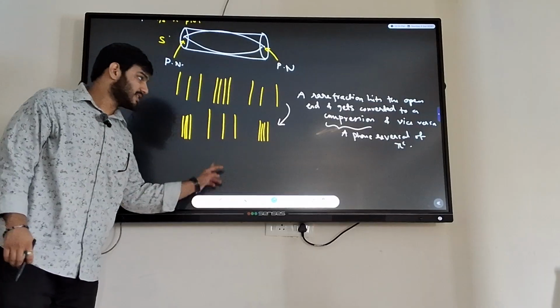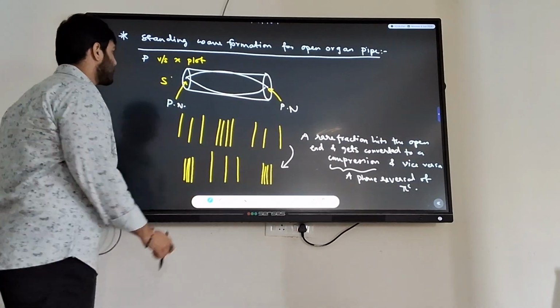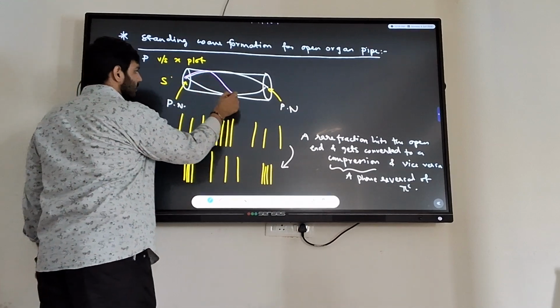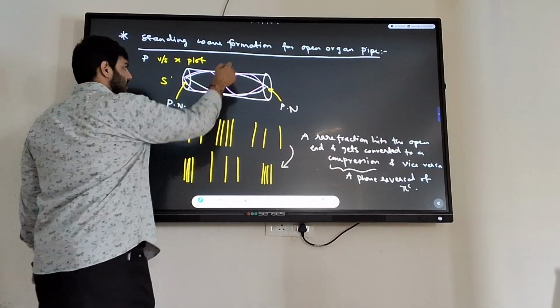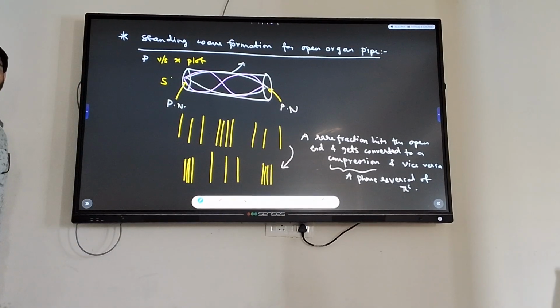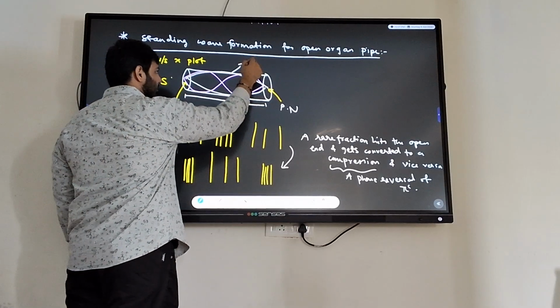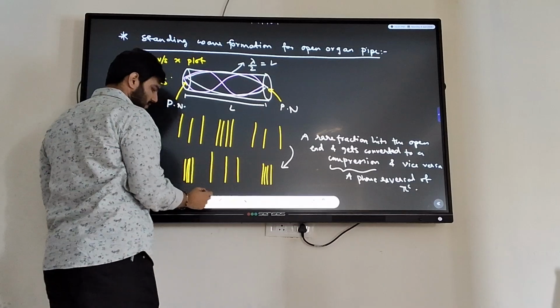And what are the other possible waves? So let me make the other possible waves as well. I am still making the P versus X graph. Something like this. What is the condition here for this one? The length is L. Yes, lambda by 2 equal to L. What about the other one?